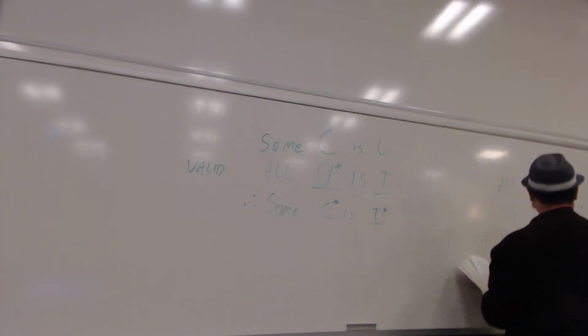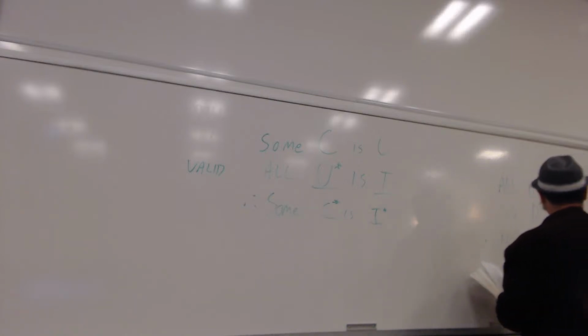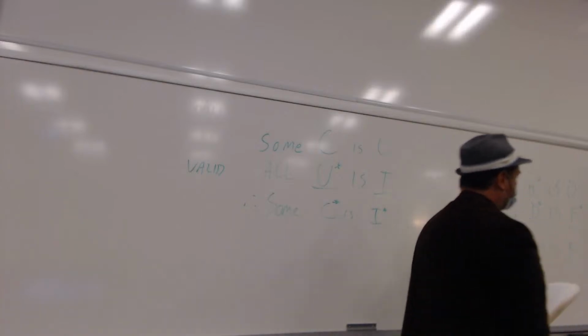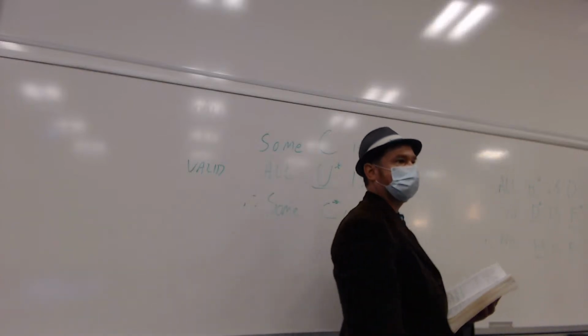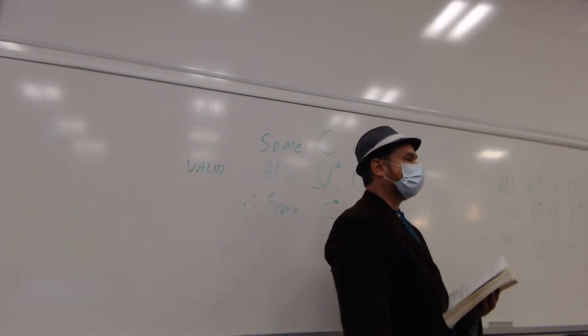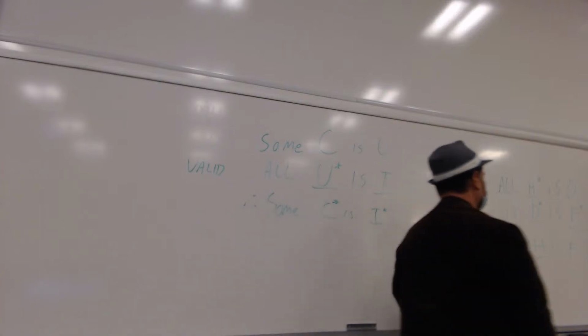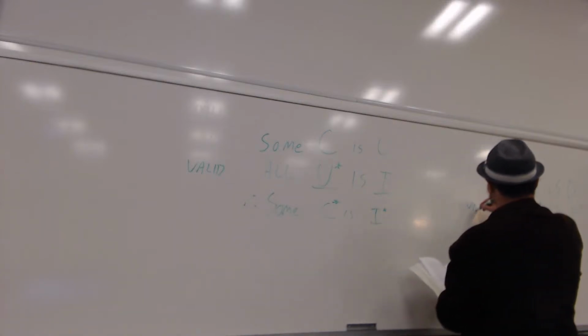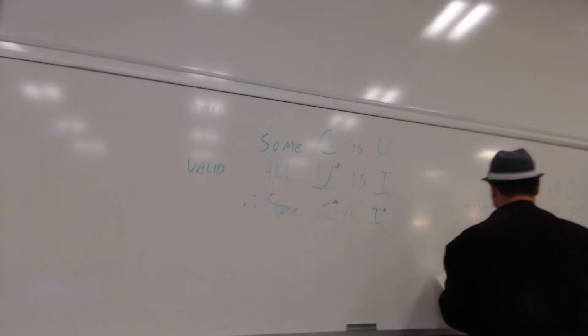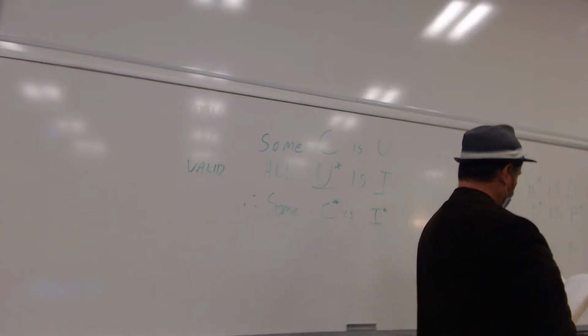Then we star the not distributed terms in the conclusion. Since they're both distributed, neither gets the star. And it is valid. And then we can translate the conclusion back into English. No human acts are free acts.